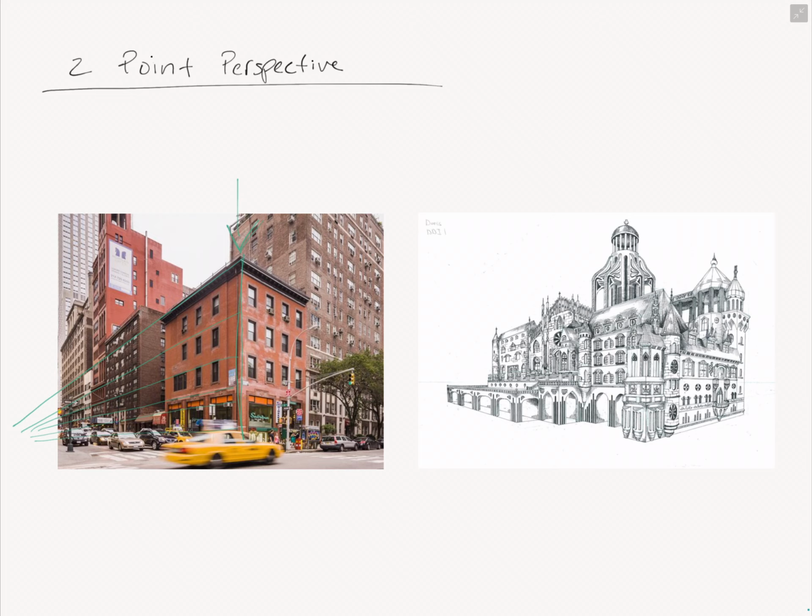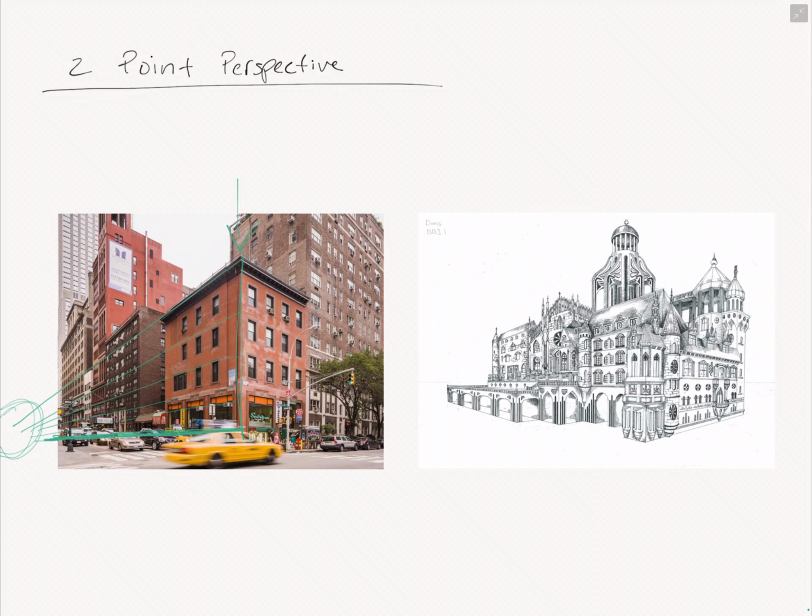Alright, so you can see I drew out following the lines of this building here, and I went down, and you can see they would meet somewhere outside of the image over here. So you can't actually see the vanishing point in this picture, but we know it exists because we can follow all of the straight lines in the image to that vanishing point. And then we can also find the horizon line, which is down here, which would just be a line that has no angle to it.